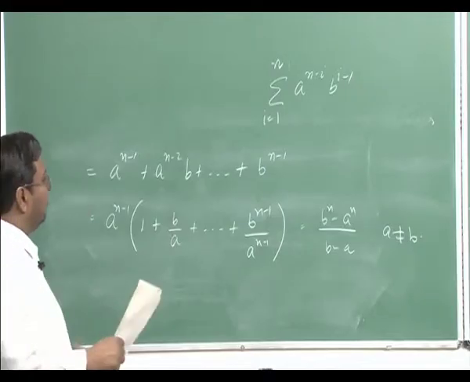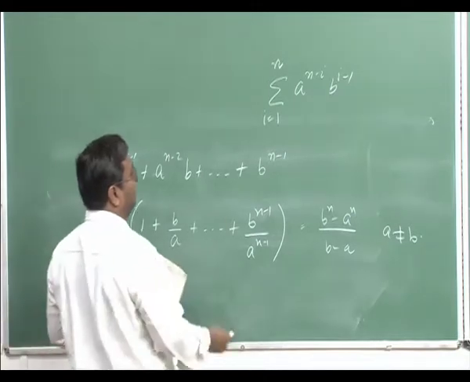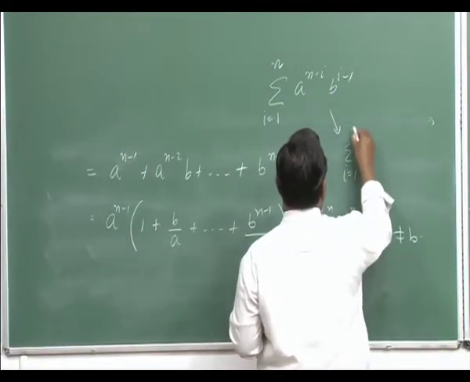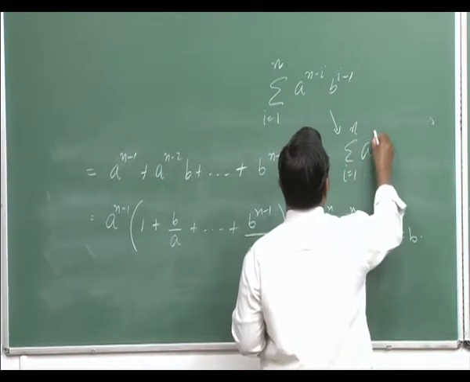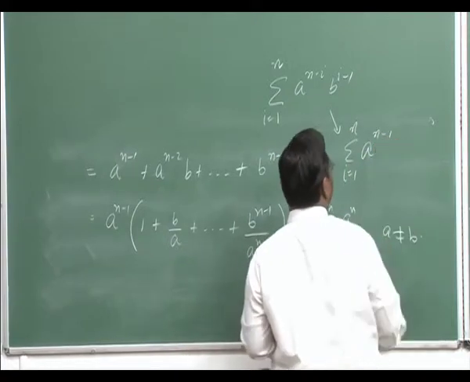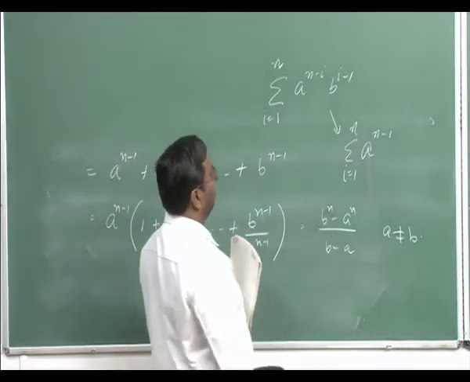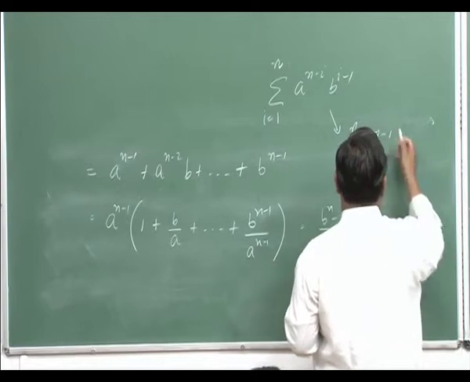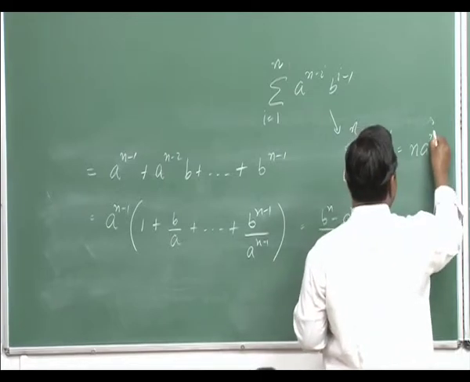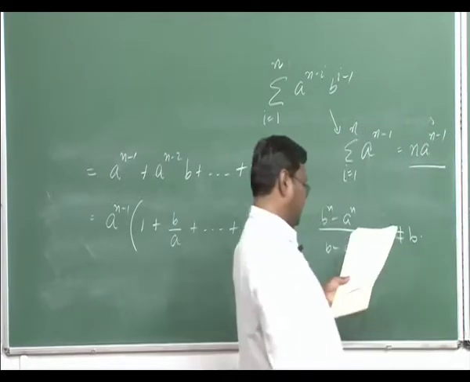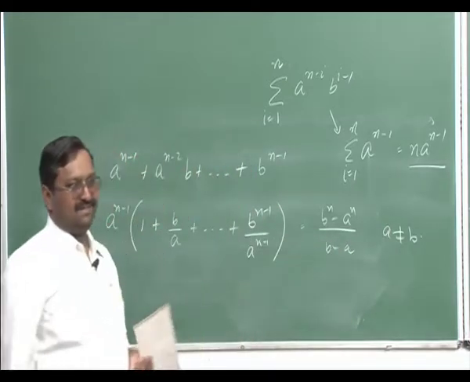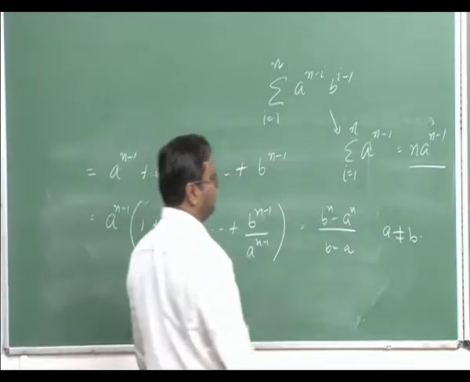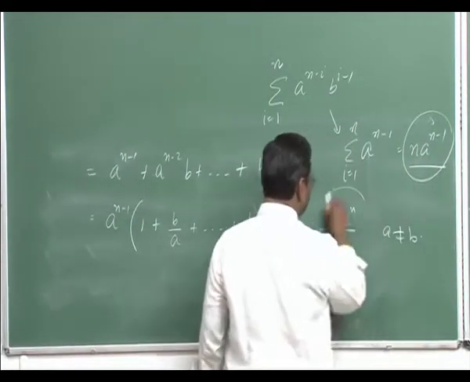When A is equal to B, in that case this summation will be nothing but n minus 1, which will be nothing but this. Obviously the constant will come out. So, either these many modules will be there when the size is equal, or this.